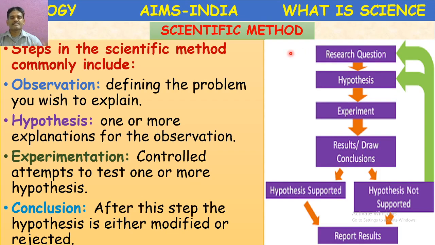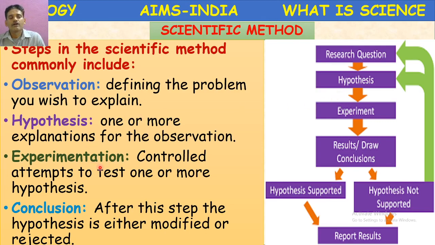Okay, the first question, you have to define the problem. Next, hypothesis. What is hypothesis? Hypothesis is the second step. One or more explanations for the observation is called a hypothesis.